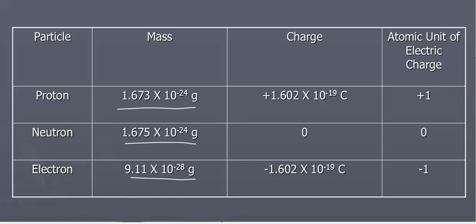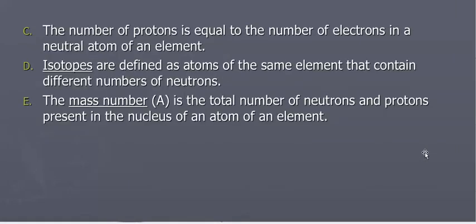As far as charges, don't worry about the actual charges, but you'll notice a proton has a positive charge, whereas the electron is exactly the same charge but negative. We don't actually use the actual charges, we use relative charges. We say a proton is positive 1 and an electron is negative 1. The number of protons is equal to the number of electrons because atoms are neutral.